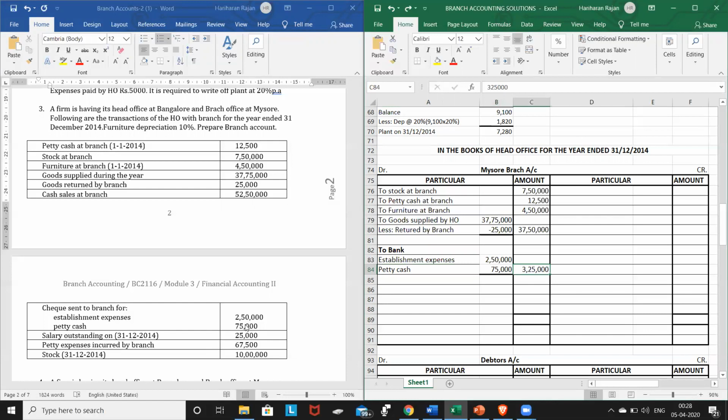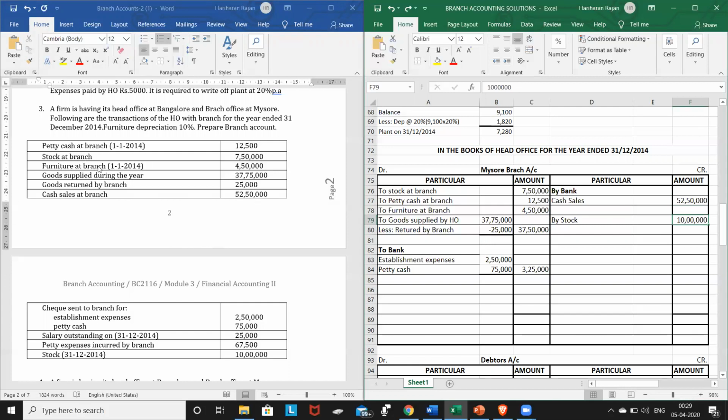Together 3,25,000. Salary outstanding, we'll put it later. What else is left out? Amount received through cash sales, how much have we received? 52 lakh 50,000. Have we received any other amount? No. Stock closing 10 lakhs.